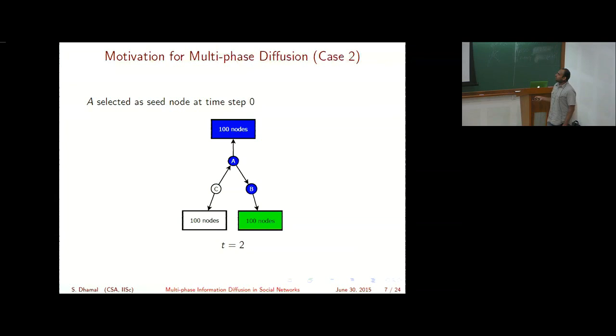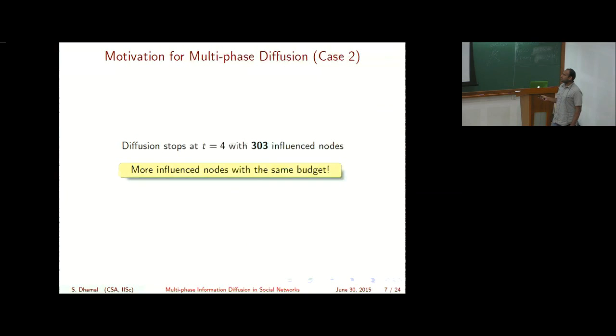In the second phase, the influence maximization algorithm may select node C as the seed node, and then the diffusion will progress so that even this set of 100 nodes gets influenced. And the diffusion stops at time step 4 with all the nodes getting influenced.